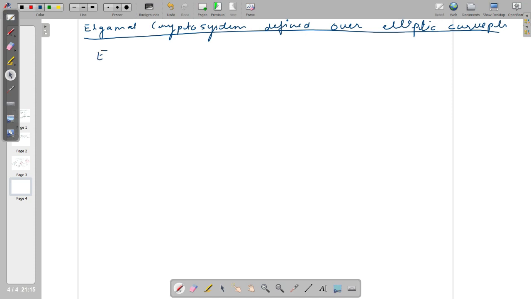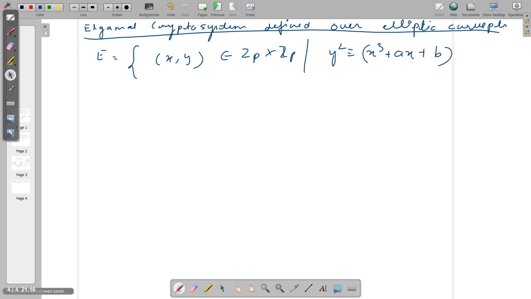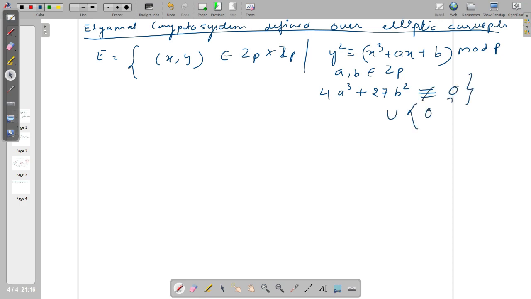So E is the set of (x, y), where (x, y) belongs to Zp times Zp, and it is defined as y squared congruent to x cubed plus ax plus b mod p, where a, b belong to Zp and 4a cubed plus 27b squared is not congruent to 0, union the point at infinity.